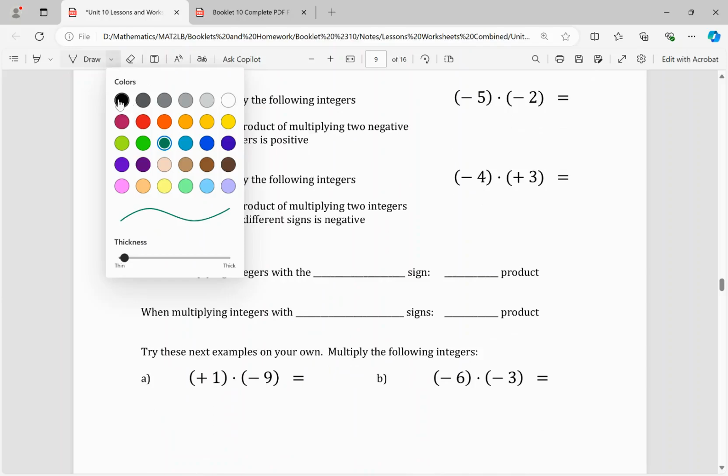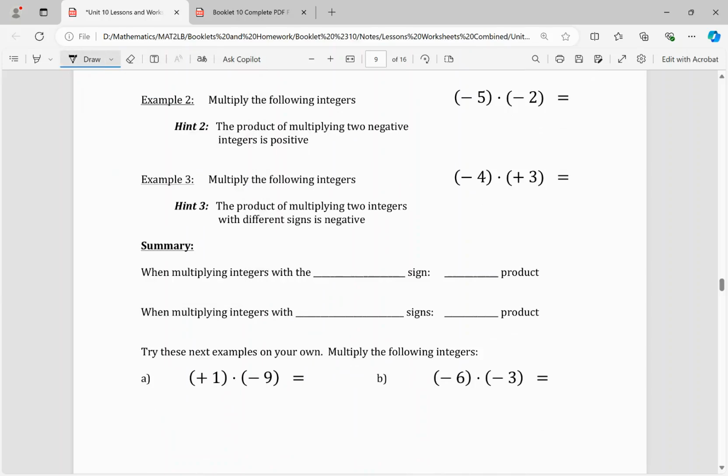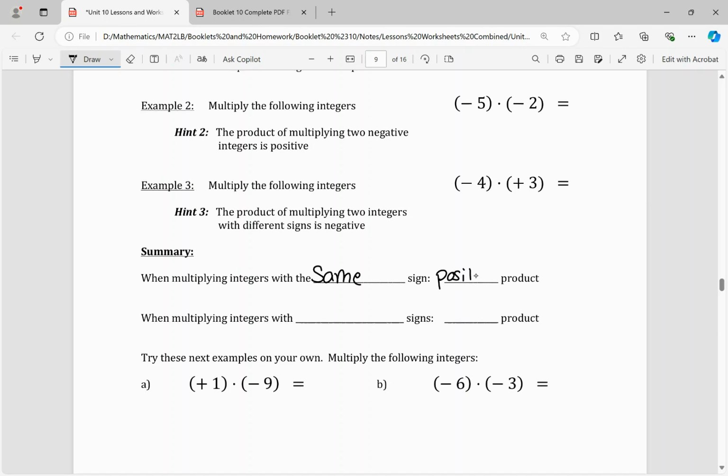So let's actually start by filling in the middle of this note. That says, when multiplying integers with the same sign, we have a positive product. Now, when I say the word product, what I mean is the answer after multiplying, right?